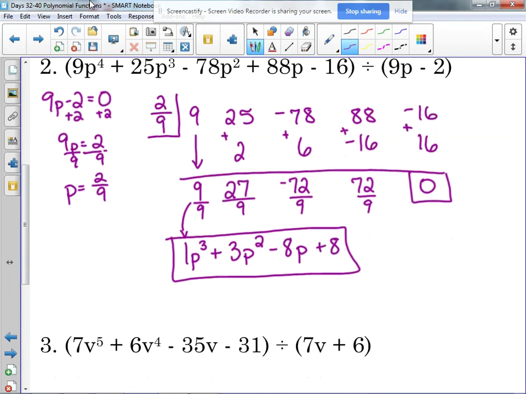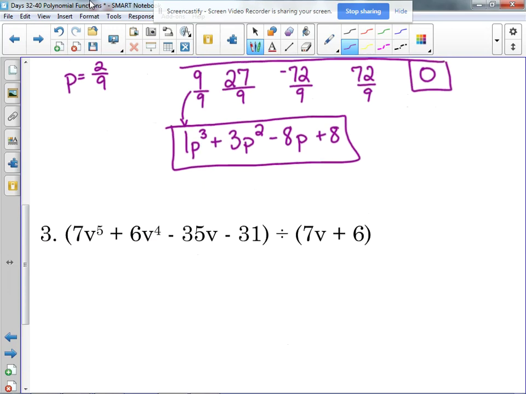Okay, let's do one more, and then I'll let y'all practice. Okay, number 3, 5th degree. We start with v to the 5th. V to the 4th, I don't see v cubed. I also don't see v squared. So we must put zeros in that place. 7v plus 6 is equal to 0.